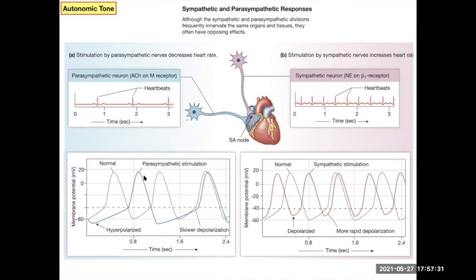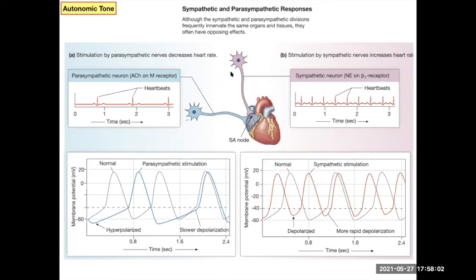These are the action potentials in those cells. Over here will be the opposite: the normal one is 1, 2, 3, and now you've got 1, 2, 3, 4, 5, beating much faster. For whatever reason, we've hyperpolarized this, and so we slow down those action potentials. Now we've increased them, or rather the electrical signal going through the heart muscle.